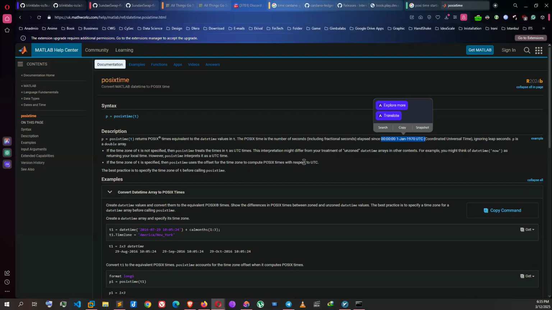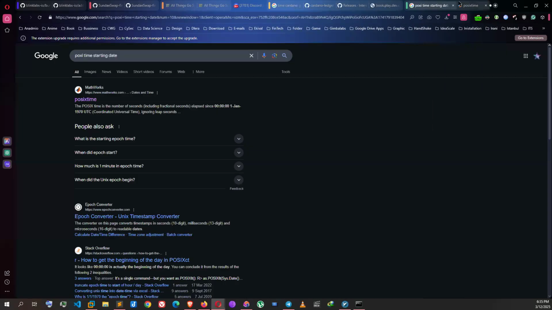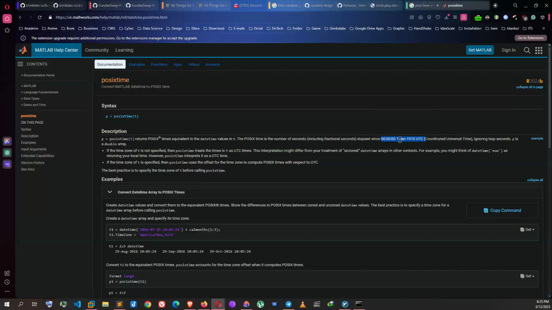So Cardano used this, but in two different ways. Sometimes Cardano uses POSIX time. Sometimes it uses slots. And that's another thing that is going to confuse you in the future.